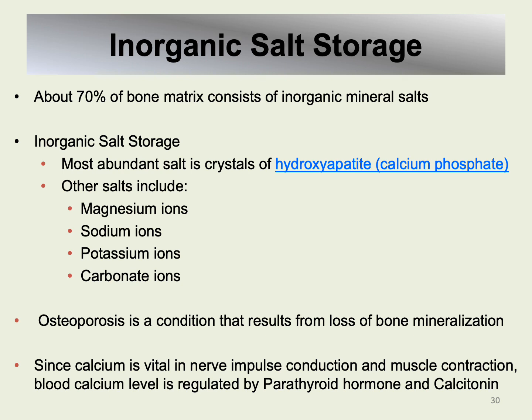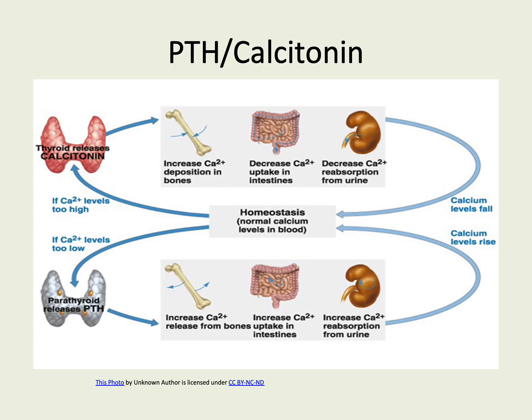in the elderly. Since calcium is vital in nerve impulse conduction and muscle contraction, blood calcium level is important to be regulated, and we have two hormones for this: parathyroid hormone released from the parathyroid glands and calcitonin released from the thyroid gland. Let's see that.